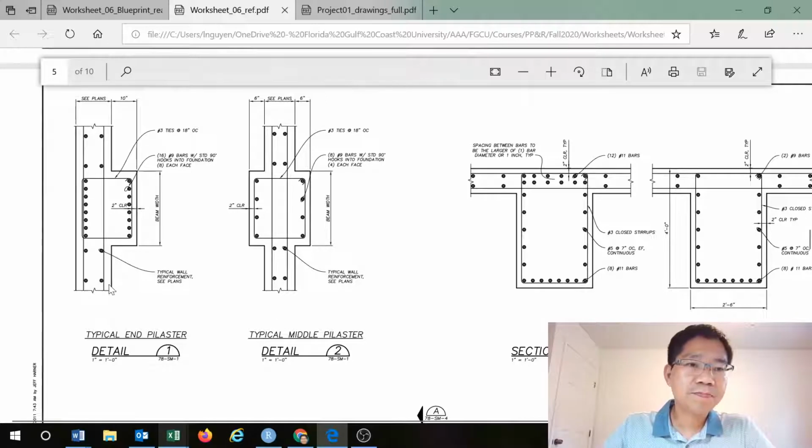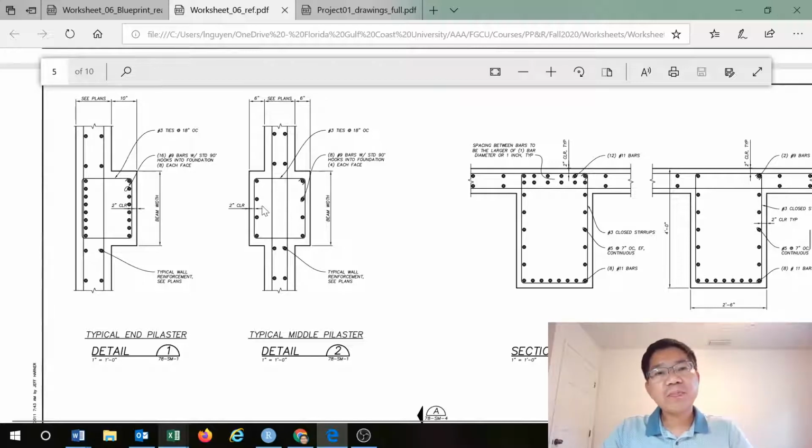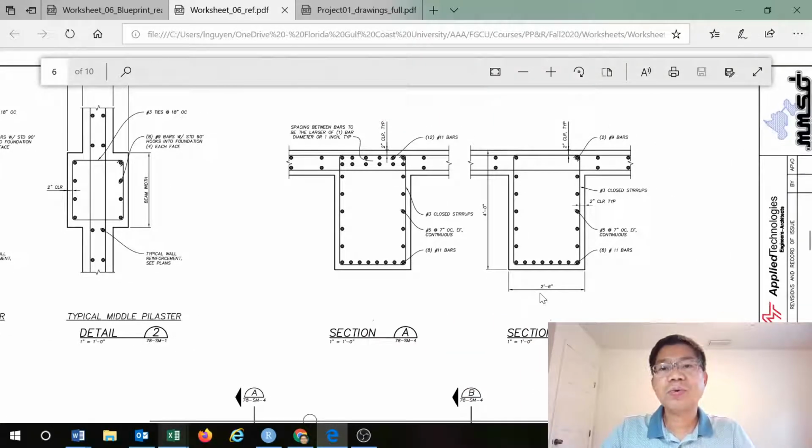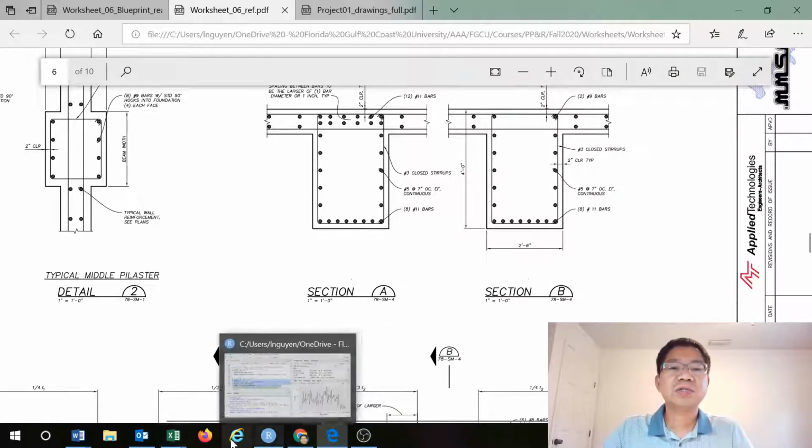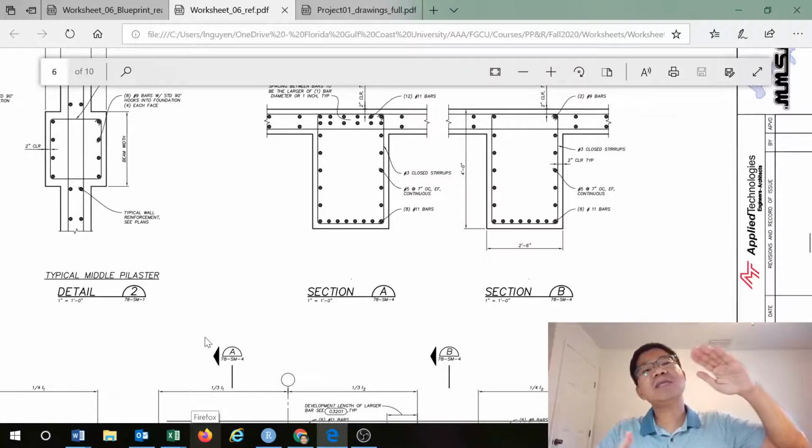You see the wall, and then you just have the end pilaster beam width, whatever beam width we have, and then the additional thickness is 10 inches, and for the middle pilaster we have 6 plus 6. This is the wall in the middle, and 6 plus 6 is 12, so half a foot on one side, half a foot on the other side, and then the beam width. So what is the beam width? Here they show you the beam width is 2 feet and 6 inches. So that we can determine, and then the height, basically the height of the wall.